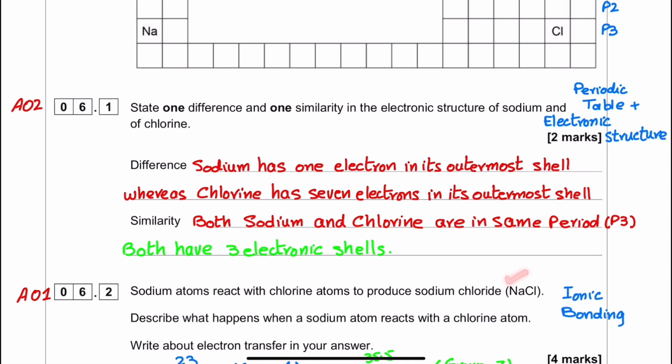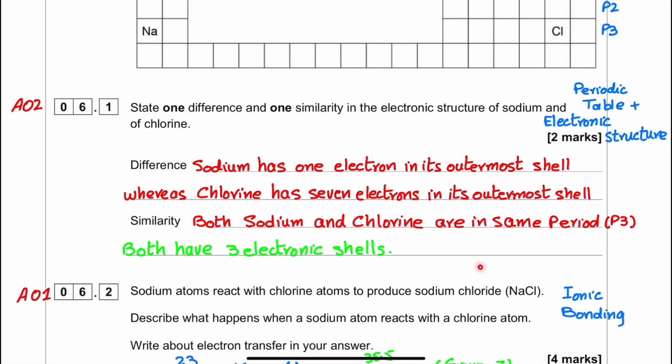This sodium will lose 1 electron, and it changes from sodium to sodium ion after losing 1 electron. Whereas chlorine will take 1 electron and become a negative ion, Cl negative.